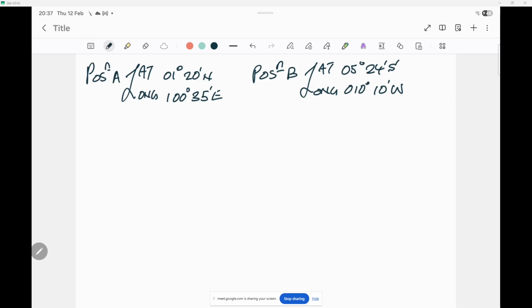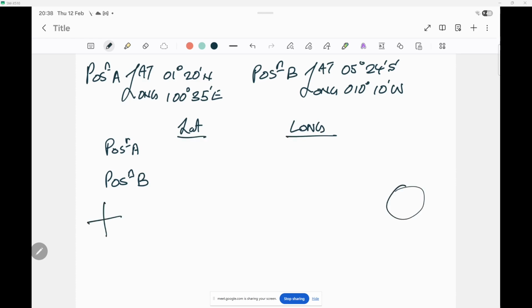Okay, right. So first we find out the D lat and D long. Position A latitude is 1 degrees 20 minutes north.